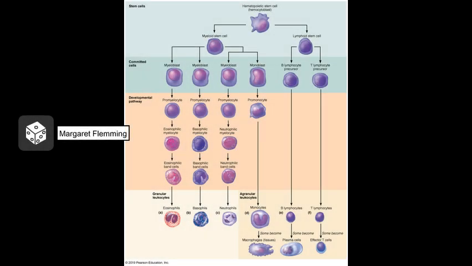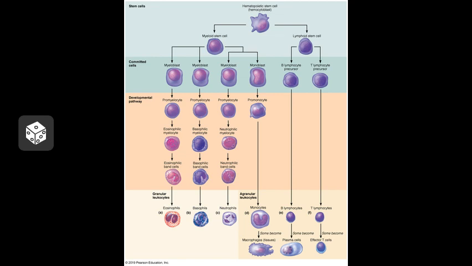Although your textbook does this in a different order, I think it makes sense to talk about the development of the cellular components of blood. And this is referred to as hemopoiesis. You may also see it called hematopoiesis.